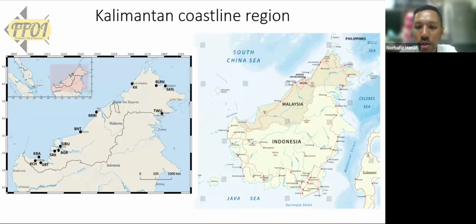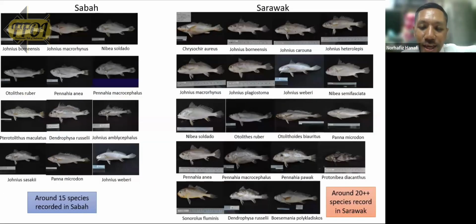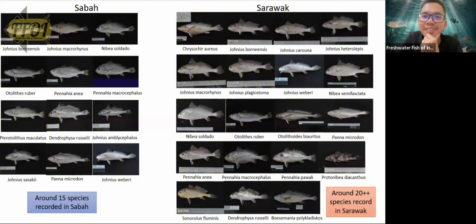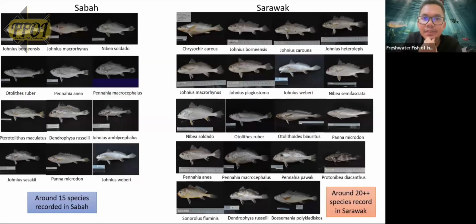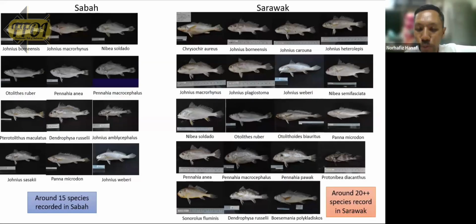So, okay, we start for the Kalimantan coastline region. Okay, Kalimantan, Marcel, Kalimantan punya tempat. Okay, so saya dah list out untuk you, Marcel. Di sini I have, you boleh pakai. I bagi you chance untuk pakai.